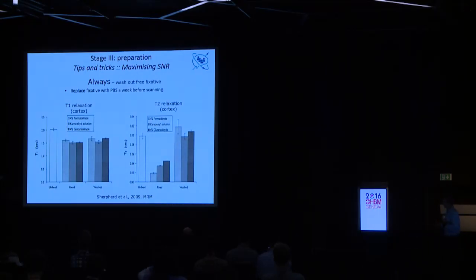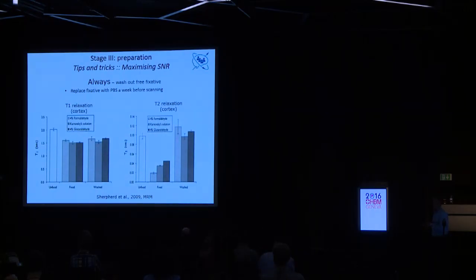The reason to do that is demonstrated in this nice study, where this is done in cortex. There was unfixed tissue where you have a relaxation of T1. And you can see that with different types of formaldehyde, the T1 in the fixated tissue did not really change when you had washed out the fixative from the brain.